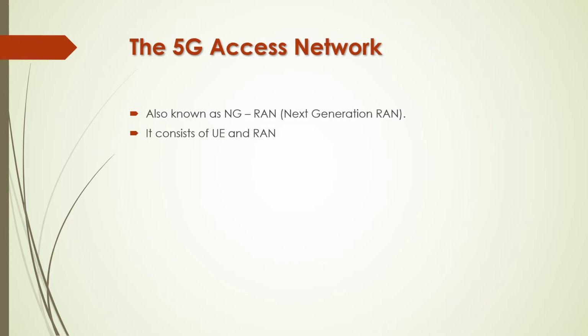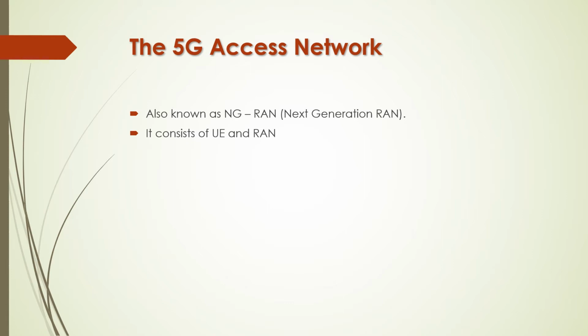The first component of the 5G system is the 5G access network. It is also known as the NG-RAN, or next generation RAN, which consists of millimeter waves, and the multiple access technology used is SCMA. The main components of the 5G access network are UE and RAN. UE is our user equipment that needs to support 5G frequencies and also the multiple access technologies used in 5G.